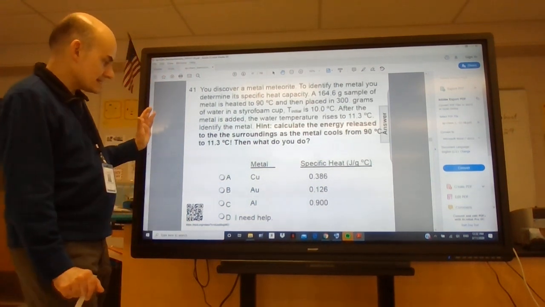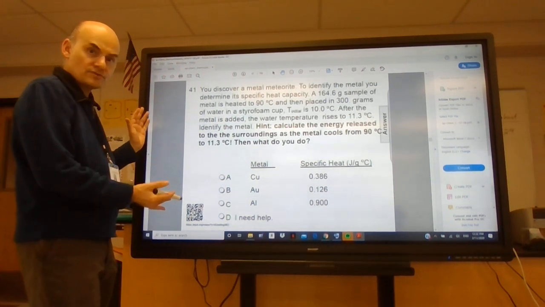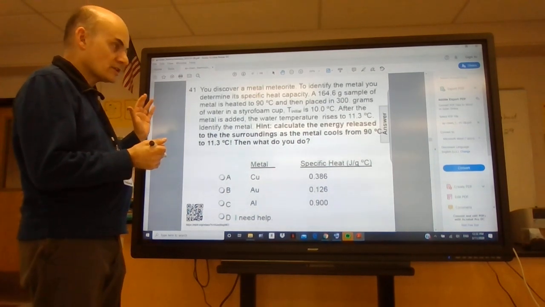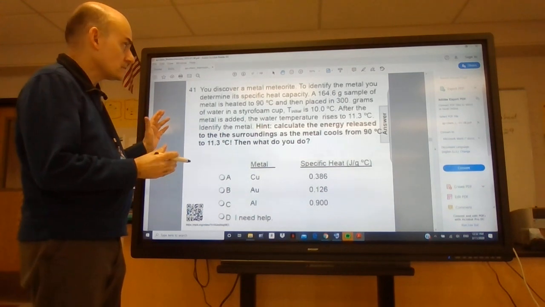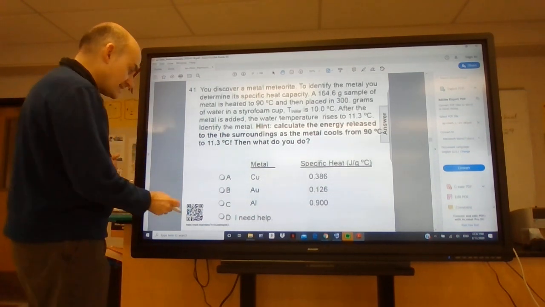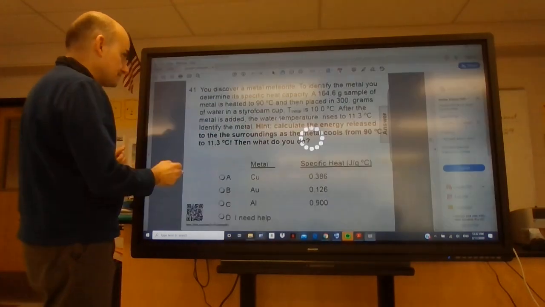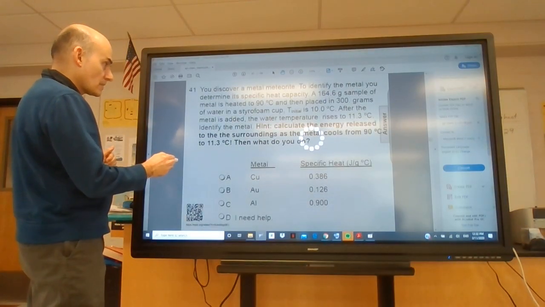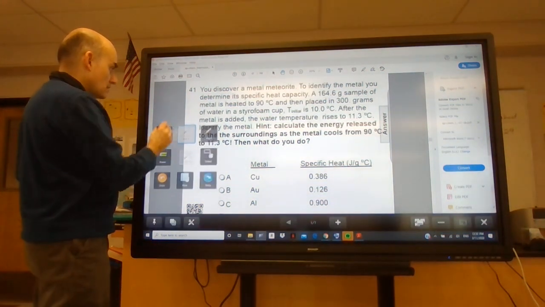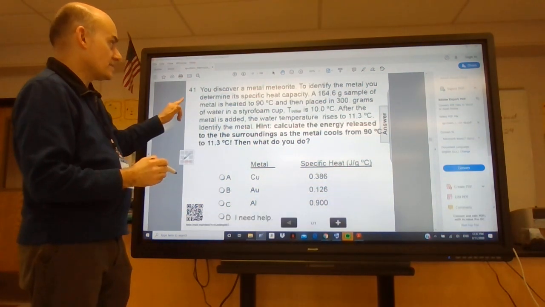Okay, so this problem is regarding thermochemistry, and it is a problem where we are using our specific heat equation. The first step, as always, is to identify our givens.